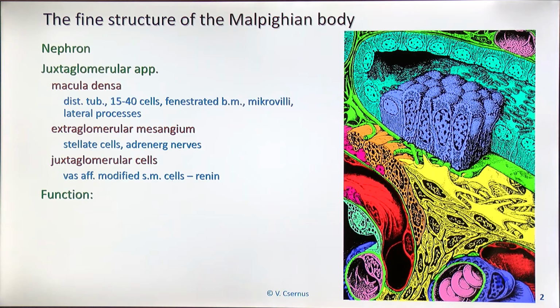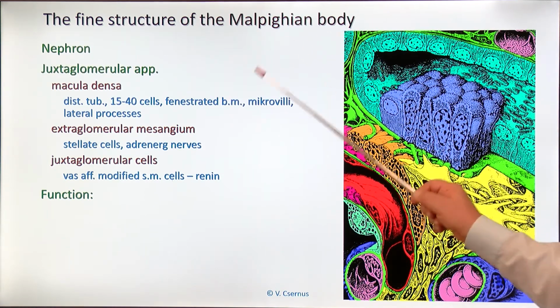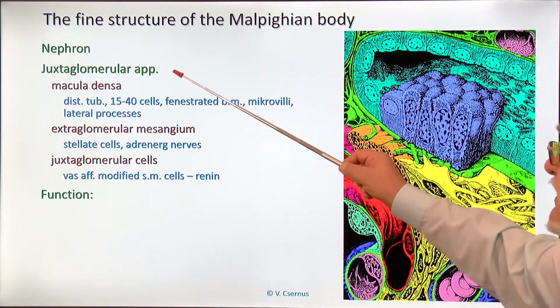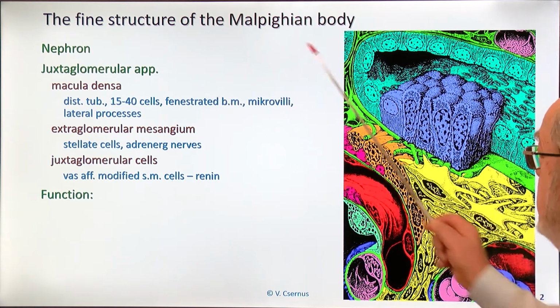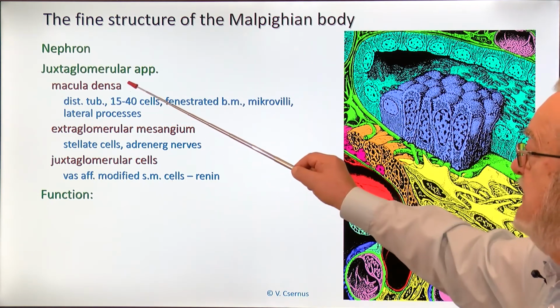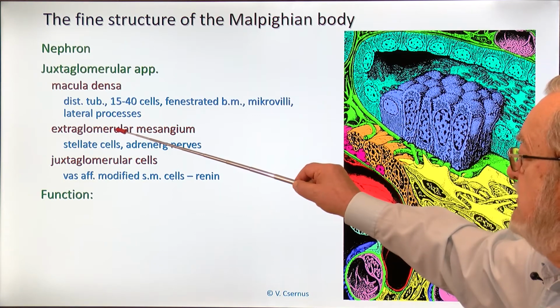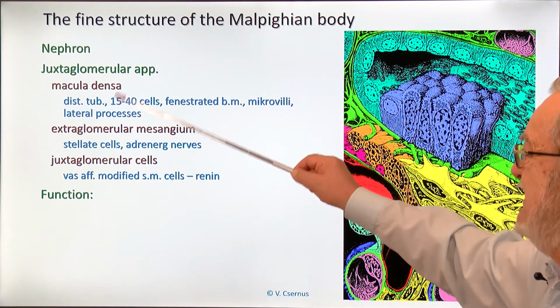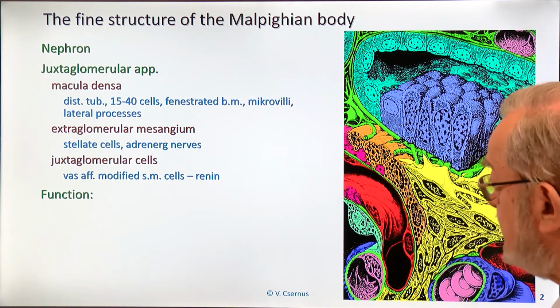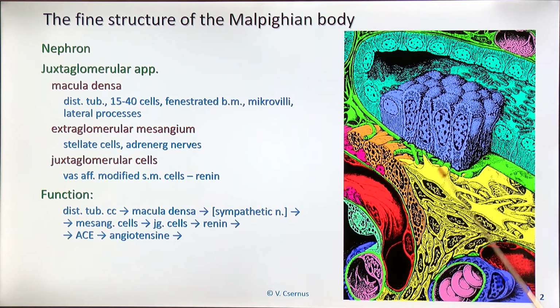Okay, so let's summarize the function of this juxtaglomerular apparatus. Once again, the juxtaglomerular apparatus is all of this: macula densa, extraglomerular mesangial cells, and juxtaglomerular cells are the 3 components of the apparatus. Function: the macula densa has osmotic receptors and ion receptors on the surface, and feels the osmotic pressure in the distal tubule and makes a kind of conclusion from that.